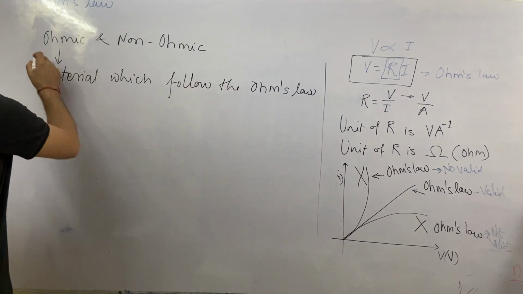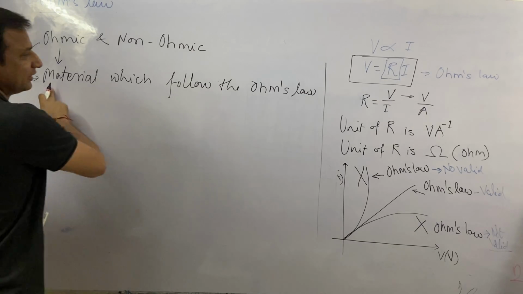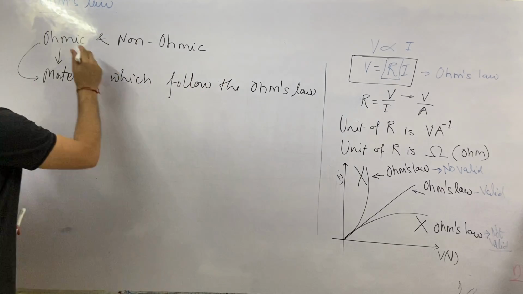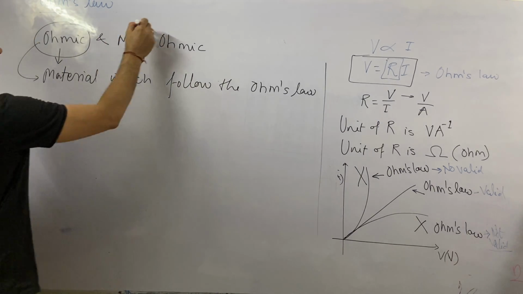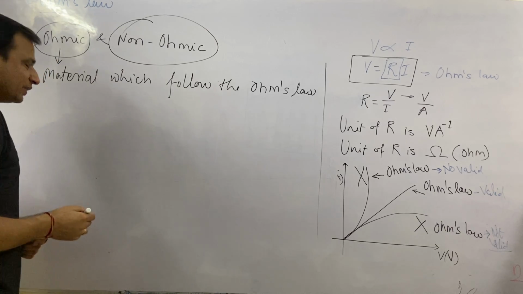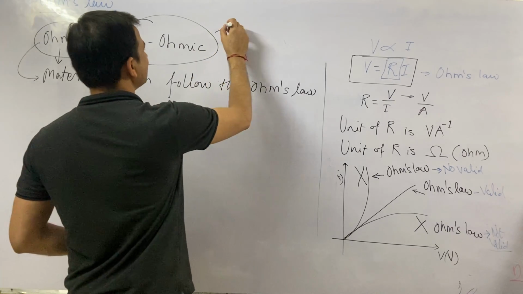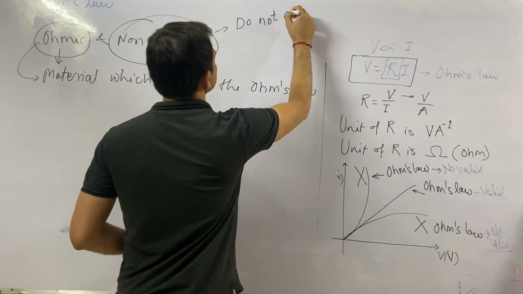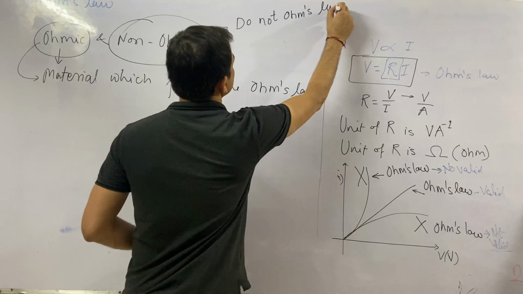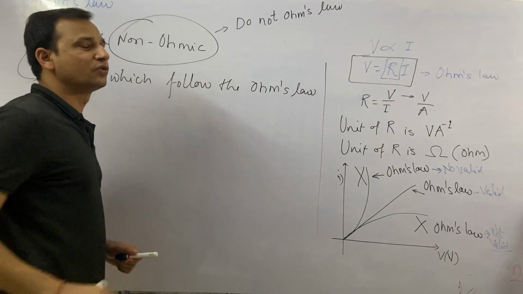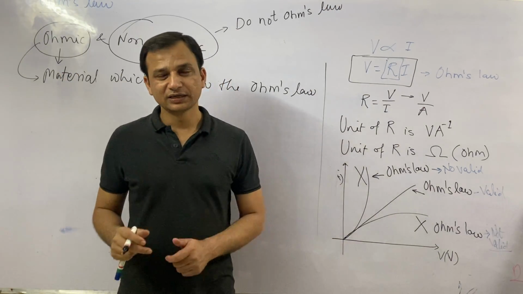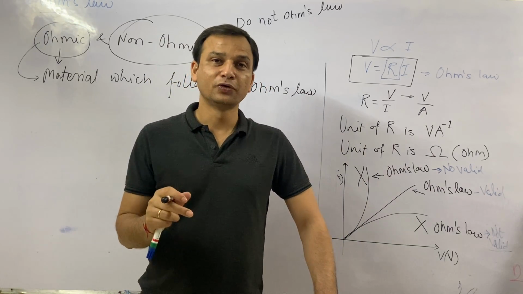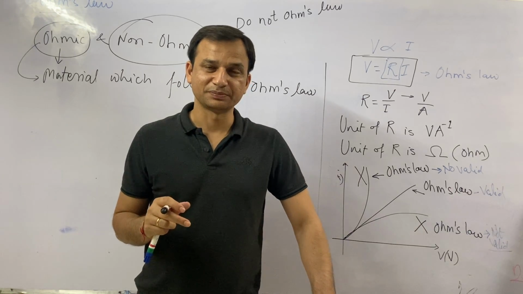So the materials which show the direct relation between current and voltage are called ohmic. And the materials which do not show this relation, meaning they do not follow Ohm's law, are called non-ohmic. It means current and voltage will not be proportional in the case of non-ohmic materials.